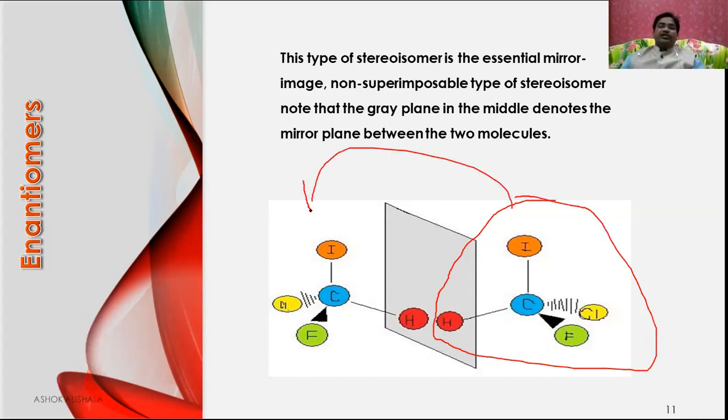Of course, these are three-dimensional structures. This hydrogen will go into place over the chlorine, and this chlorine is placed over the hydrogen. That means they are non-superimposable mirror images. This type of molecules, which are non-superimposable mirror images, are said to be enantiomers.